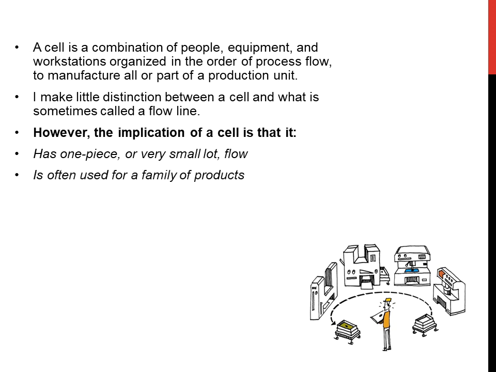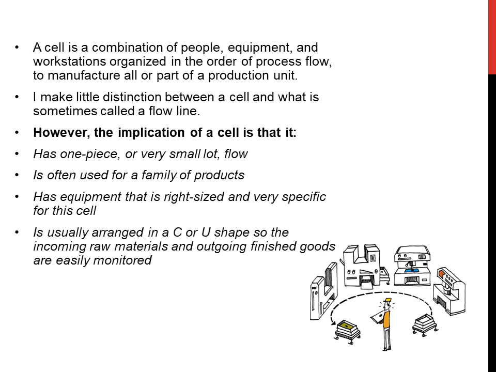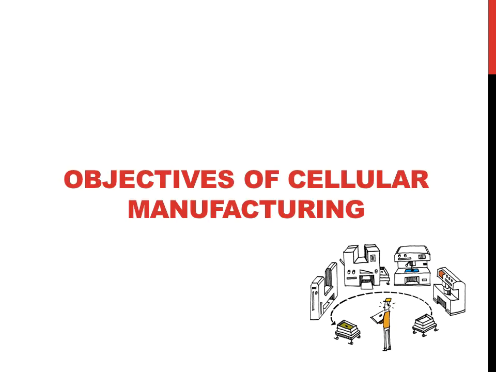It is often used for a family of products and has equipment that is right-sized and very specific for this cell. It's usually arranged in a C or U shape so that the incoming raw materials and outgoing finished products or goods are easily monitored. It has cross-trained people for flexibility.